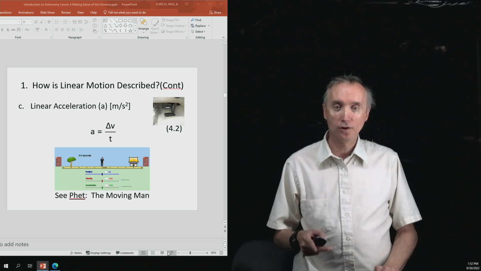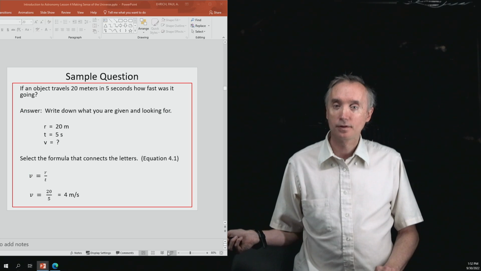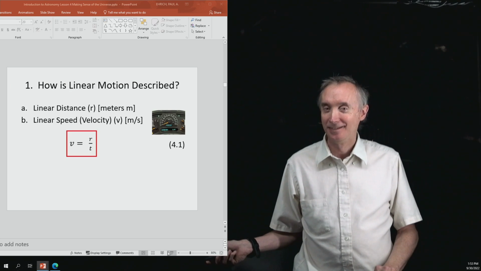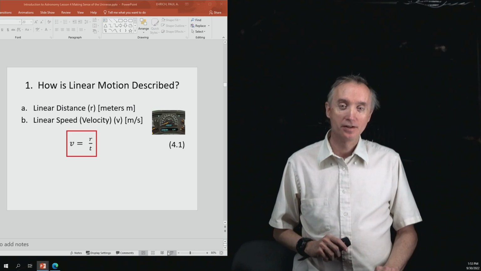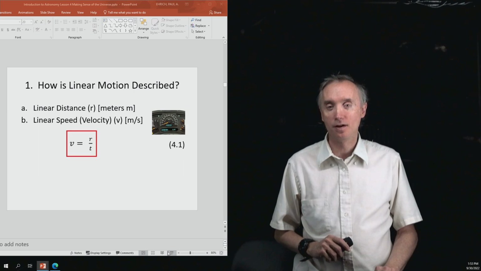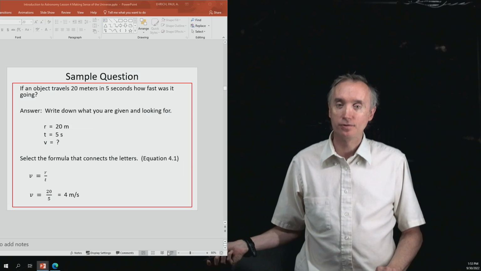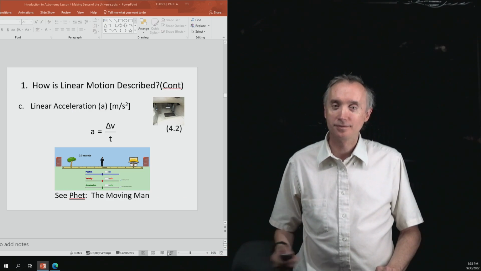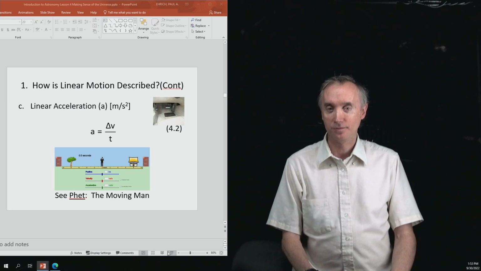If you go back and look at the one for velocity, it's R over T, whereas the acceleration one is V over T, the change in your velocity over time.